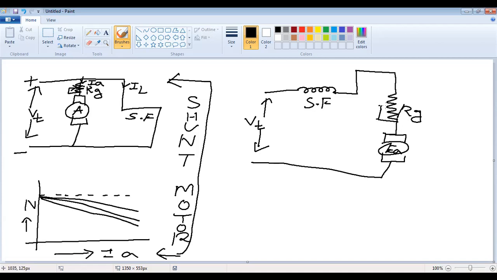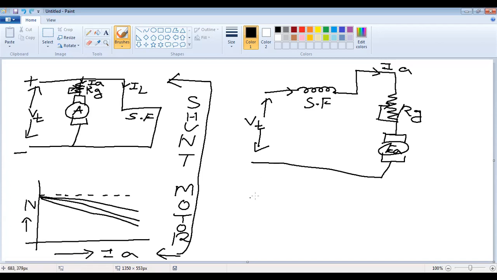I also draw the current. The current flowing through the armature is called IA, and the current going through the field is the field current. Both are the same in the series motor.